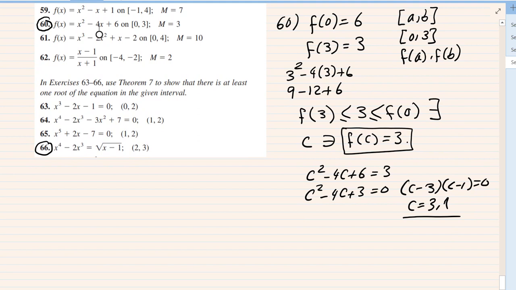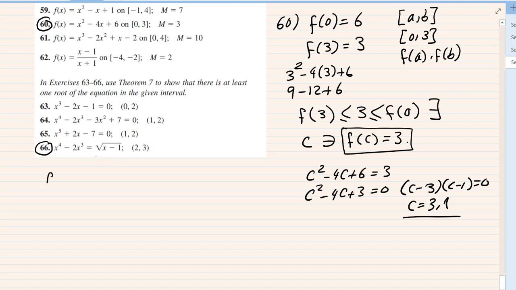That's what we're doing. Now, the function on the left is a polynomial function. This function is continuous, right? And from 2 to 3, this function is also continuous. Okay, that's good.